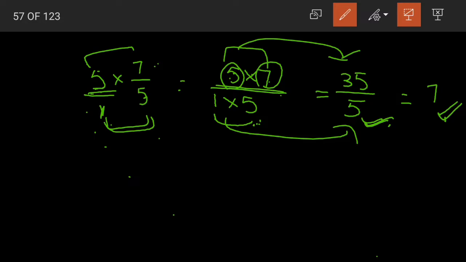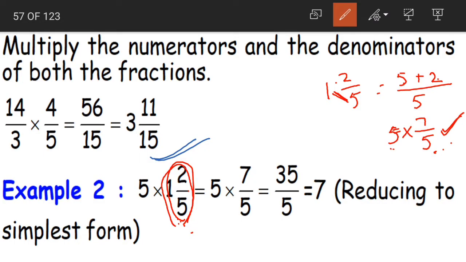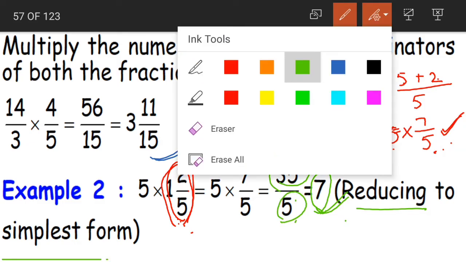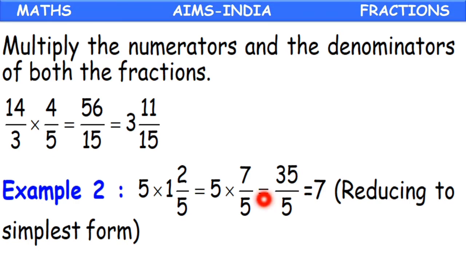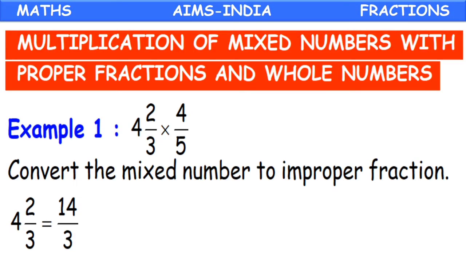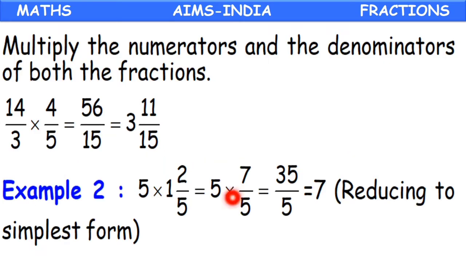We leave the denominator as it is. So 7 is our answer. This 7 we got after reducing to the simplest form. We divided 35 by 5 and got 7 as our answer. Understood, children? Multiplication of a mixed fraction by a proper fraction and also by a whole number.